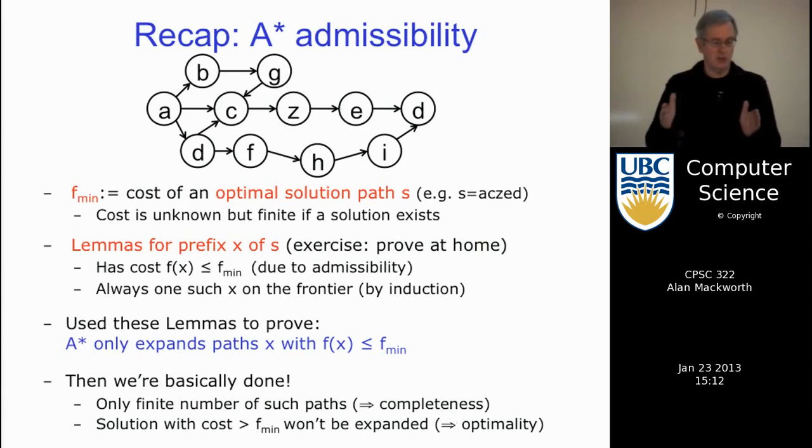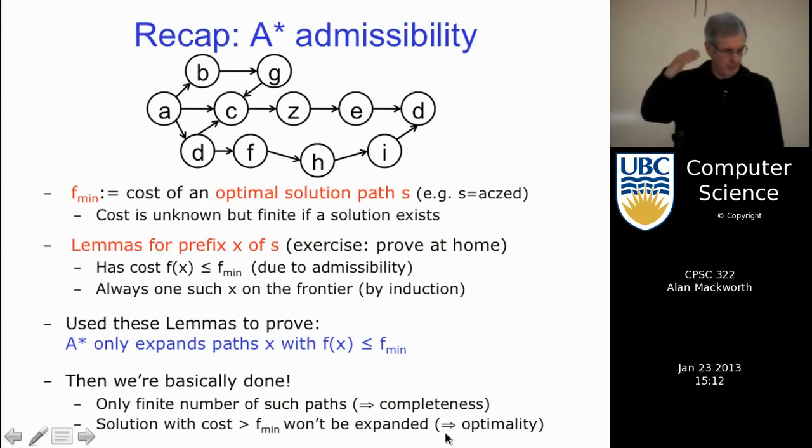So you look at each of those, that finite number, eventually you get to f min and you stop. And the reason that you reach the optimal path first, which is the optimality criterion, you can show that solutions with cost greater than f min will not be expanded, okay? Because you're only looking at f values increasing up to f min when you stop, right?